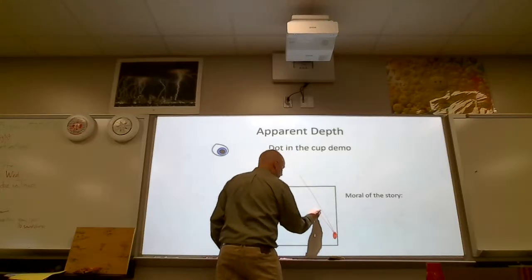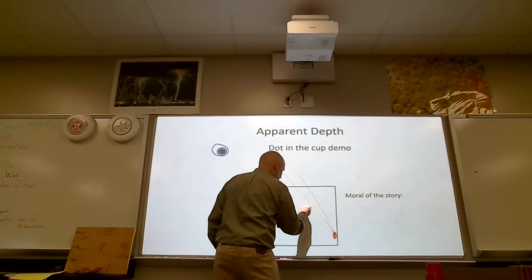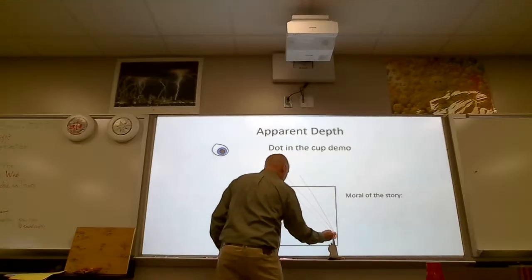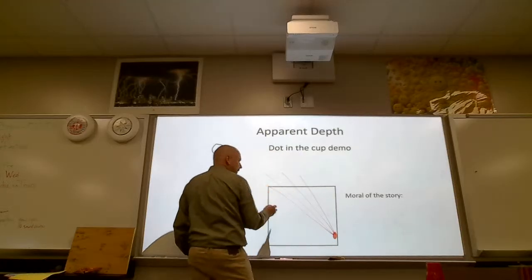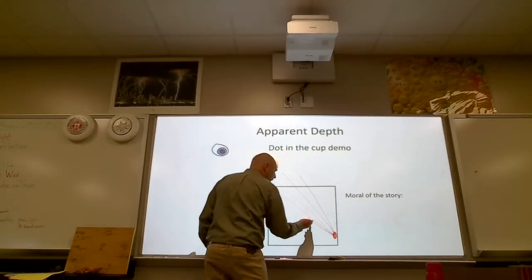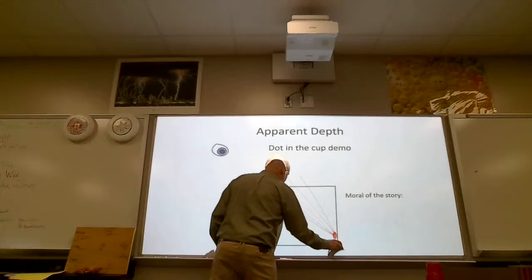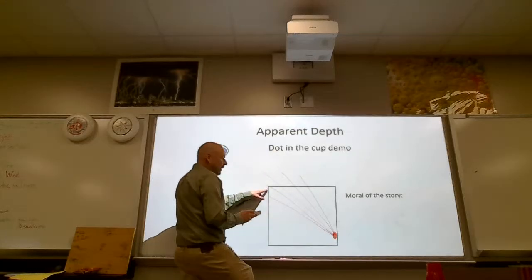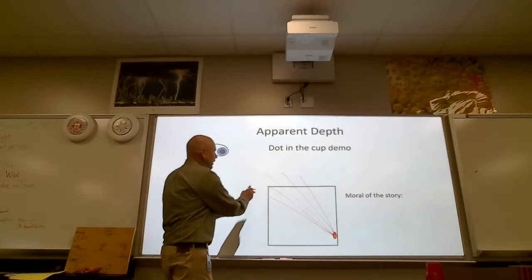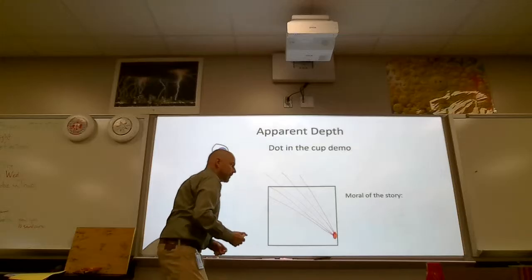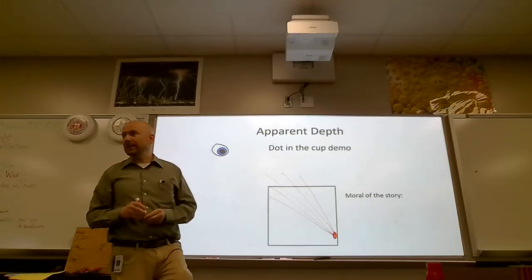All right with that? It is not the source of light, it is just reflecting light off. Okay? That ray of light that would have gotten to your eye is blocked by the edge of the cup. So you can't see the dot anymore.